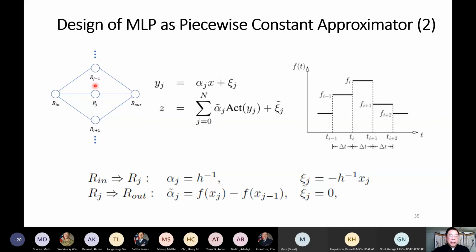You go to the intermediate node, Rj, and you choose the weight and the offset. Then the activation function is the step function. Once you do that, the output goes from here to here, and it gives the weight according to what you desire to approximate. So this gives you the weight, and this basically gives you a kernel.